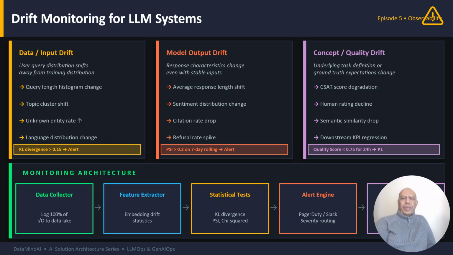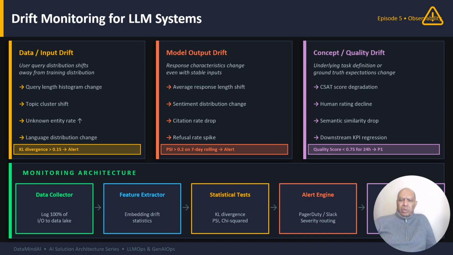Now, the model output drift. The LLM providers update their models. GPT-4 Turbo 2024-04-09 and 0125, for example, behave differently. Monitor output characteristics: response length, citation frequency, refusal rate.